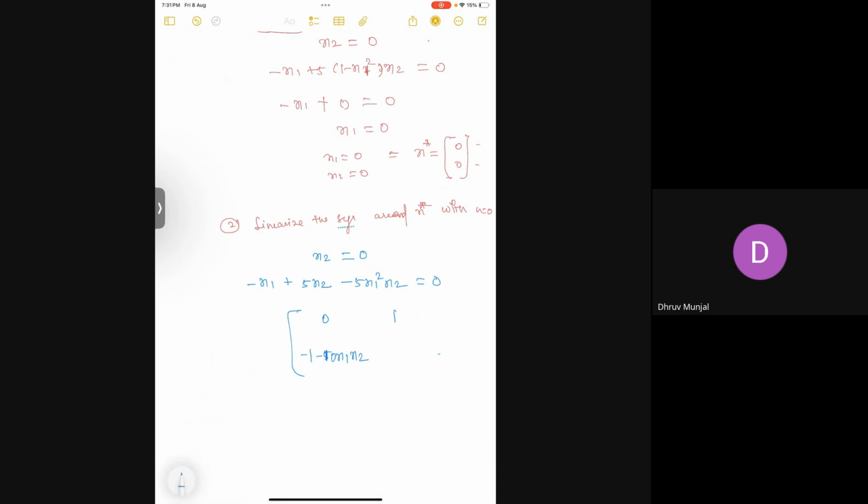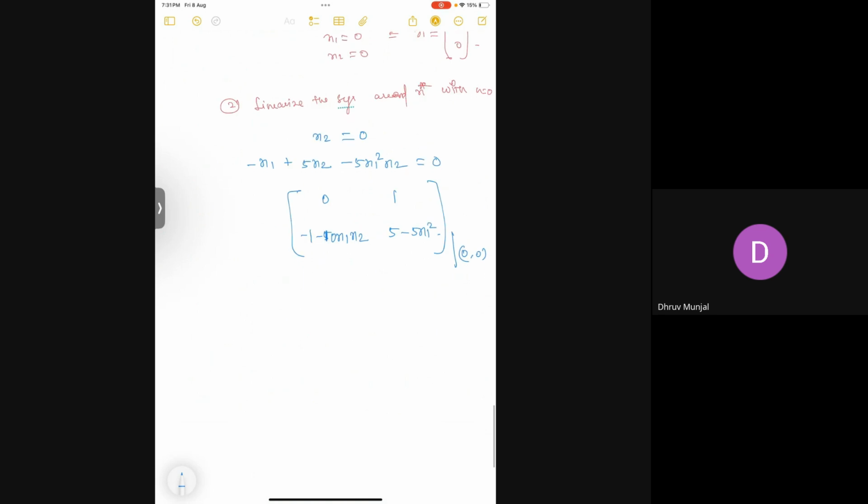It is only a single variable. 5 minus 5 x1 square, that's it. We have to linearize it around 0, 0 because our equilibrium point is like that. So when I put x1, x2 equal to 0, 0, it will be minus 1, 5. So this is my linearized system around 0, 0.